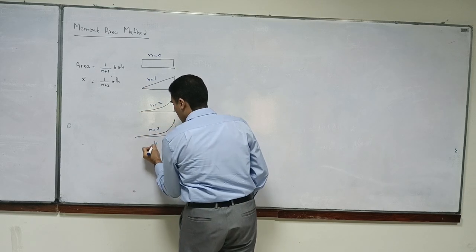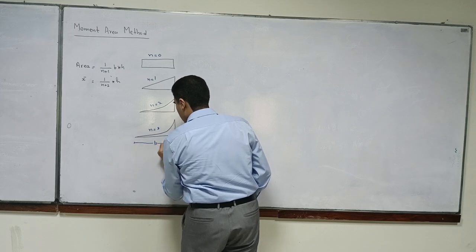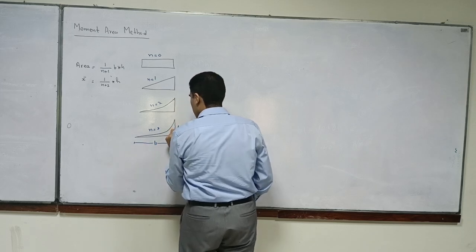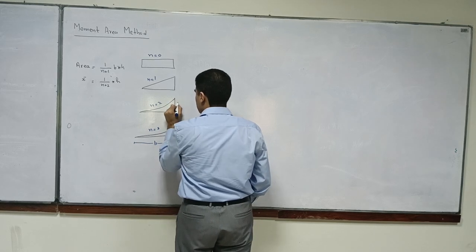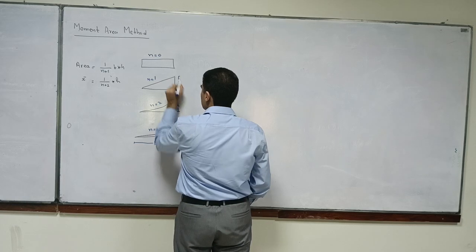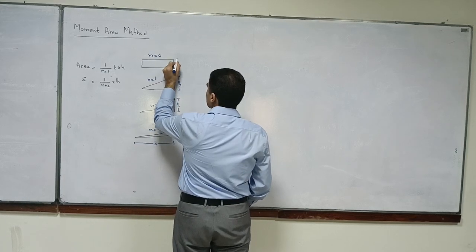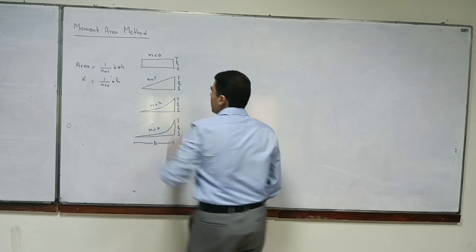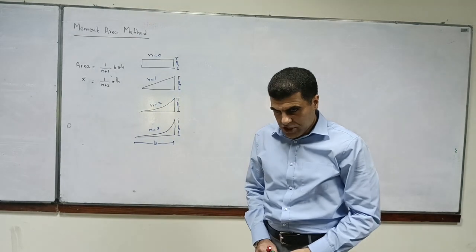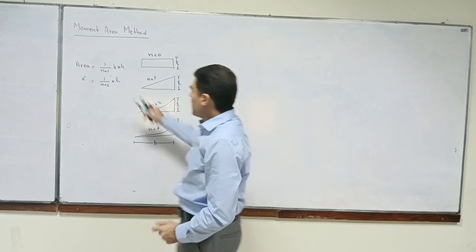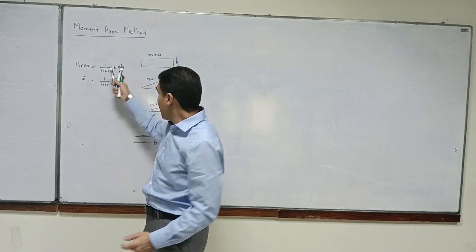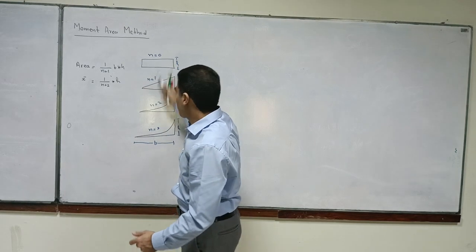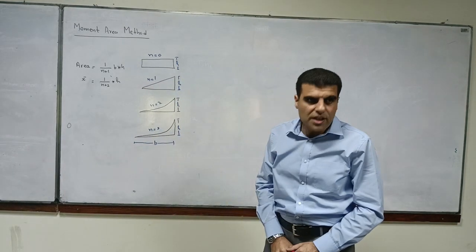All of them have width b, and this one is h. So the area is 1 by n plus 1 times b times h. So n depends on the degree of the curve.